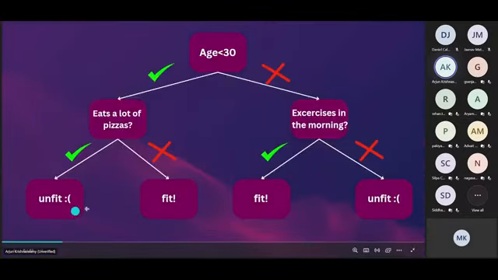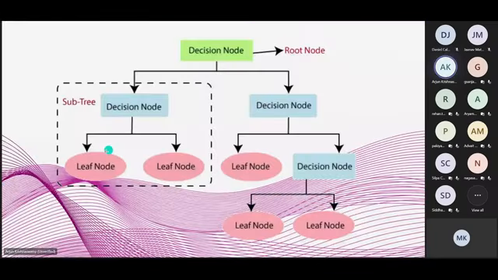Once we finally classify if the person is fit or unfit, there is no need to ask further questions to classify it into any other type or divide the node further. Yeah, this is a leaf node, and this cannot be divided further. So overall, just to recap, this is a root node, and these are the decision nodes or the internal nodes, and this is the leaf node.